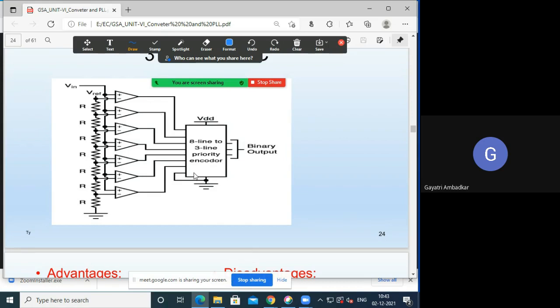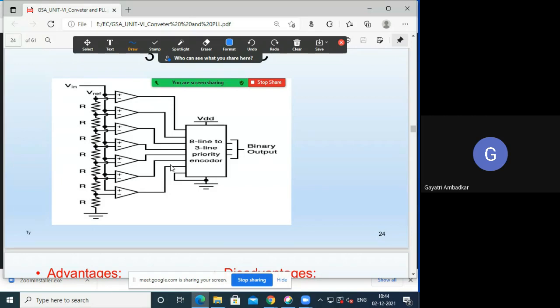This is the fastest because all comparators are working simultaneously. The moment you apply the input, all are producing the output. It is not like they work one by one, producing output like serial communication. All are working in parallel, and therefore the time required for conversion is very low.